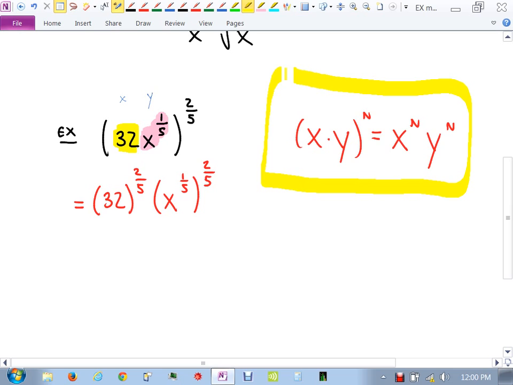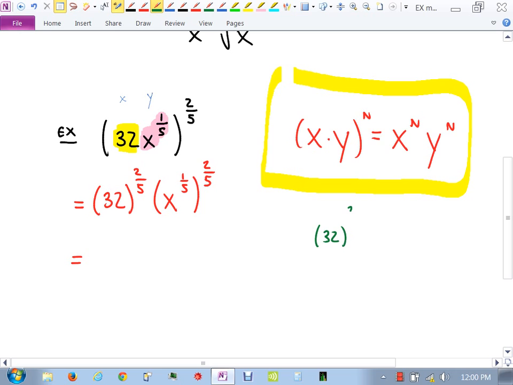Let's look at the 32 to the 2/5. Let's quickly convert that to radical notation and see if we can figure out what it is. Maybe I should do it on the side.